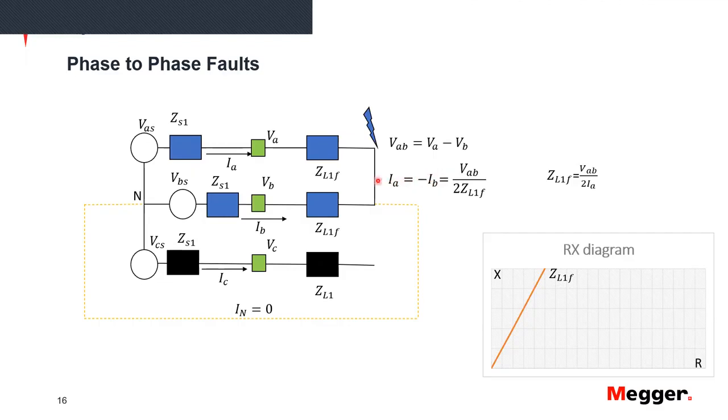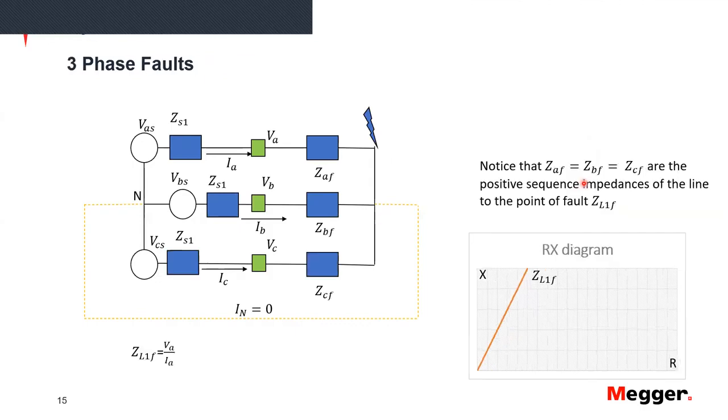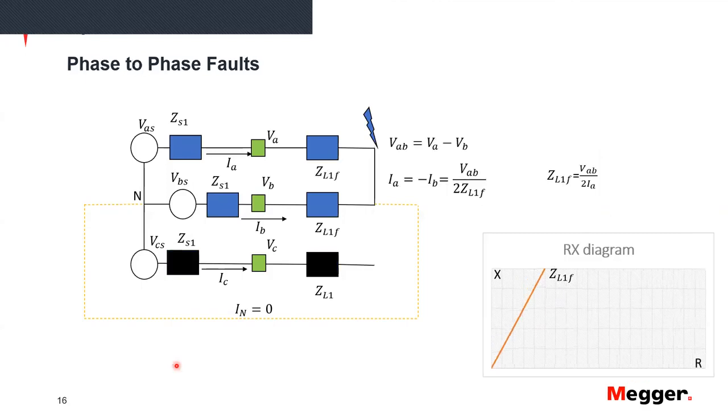And we can say that the current that circulates in this circuit is voltage here minus voltage here, which is the line-to-line voltage, A to B, divided by twice the impedance of the path. That's why the equation to calculate the impedance for a phase-to-phase fault has this factor of two that did not show in the previous equation for the three-phase fault.